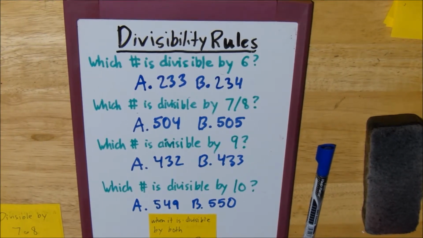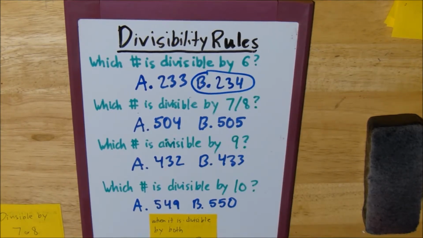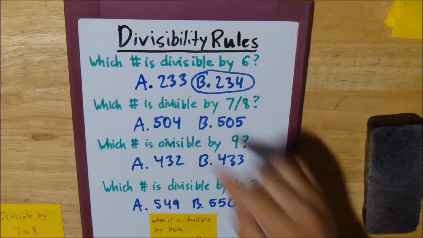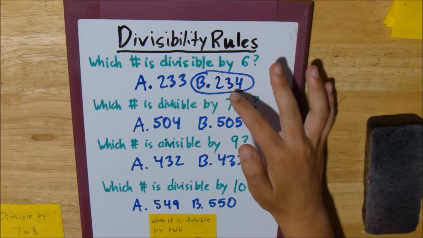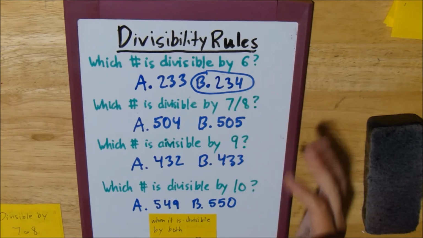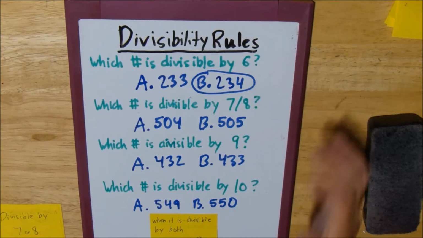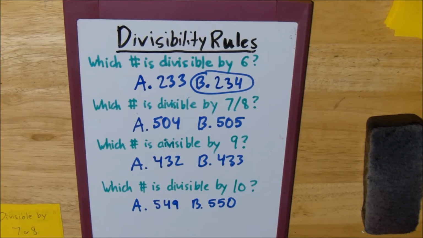So that already tells me that B is our answer. But we can double check it by using our rule for divisibility by 3, if all the digits add up to a number divisible by 3. So 2 plus 3 is 5, 5 plus 4 is 9, 9 is divisible by 3, and we have an even number in our ones, so 234 is divisible by 6, right?